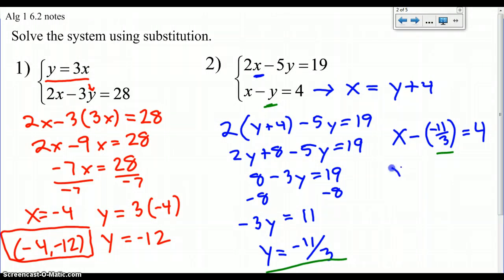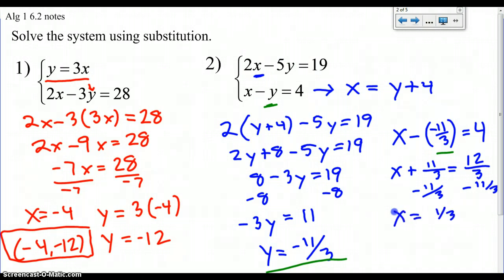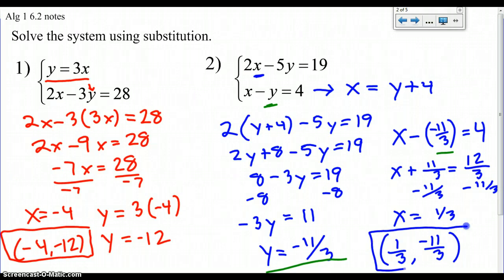So this says x plus 11 thirds equals 4. Now, if you want to make your life a little easier, think about 4 as being 12 thirds, because when we subtract 11 thirds, you'll get an x value of positive 1/3. So our solution is (1/3, -11/3). That's the ordered pair.